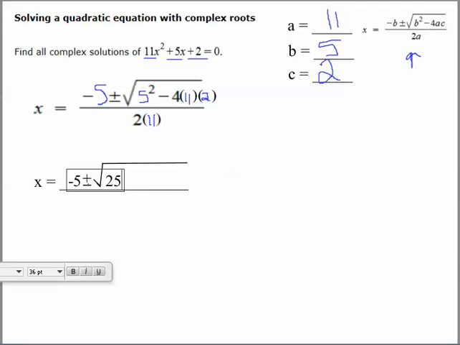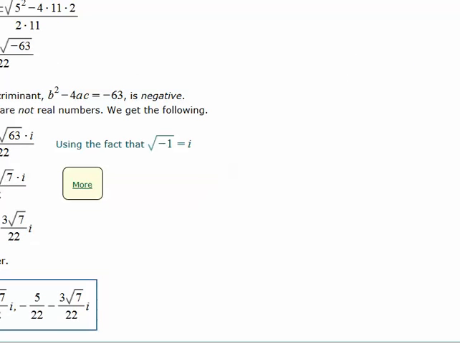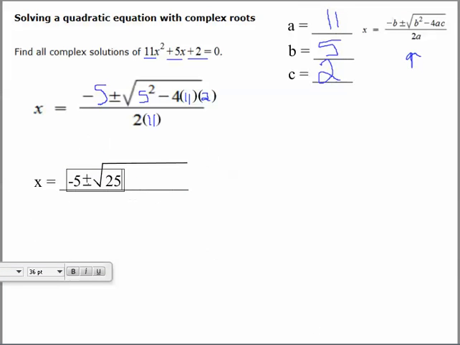Now we have -4 times 11, which is -44. -44 times 2 is going to give me -88, or minus 88. And 2 times 11 is 22.